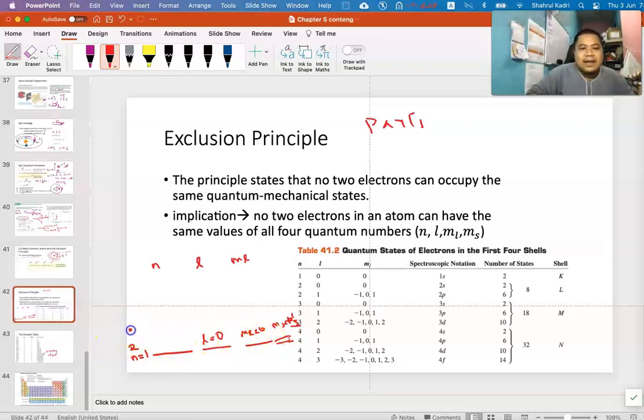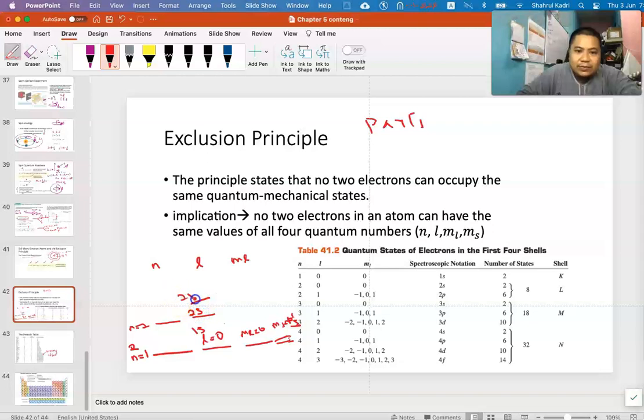For the higher energy level, n equal to 2, the allowed L values are 0 and 1.